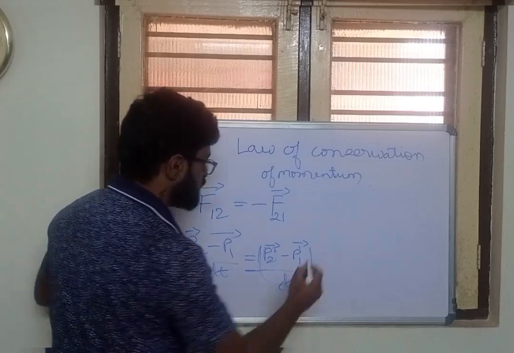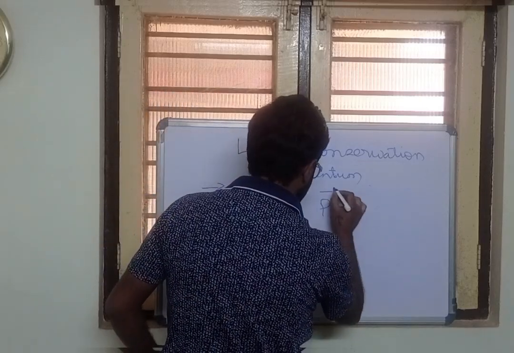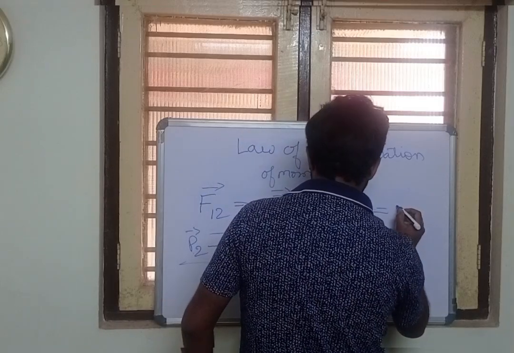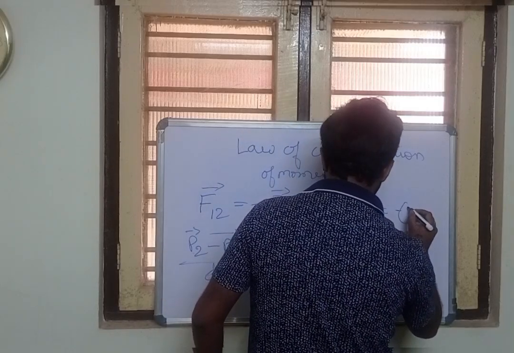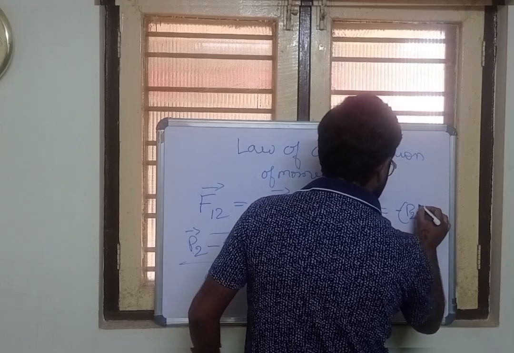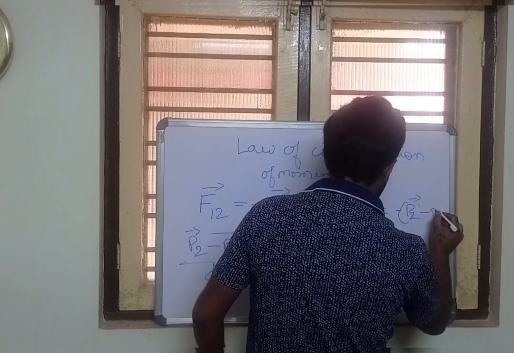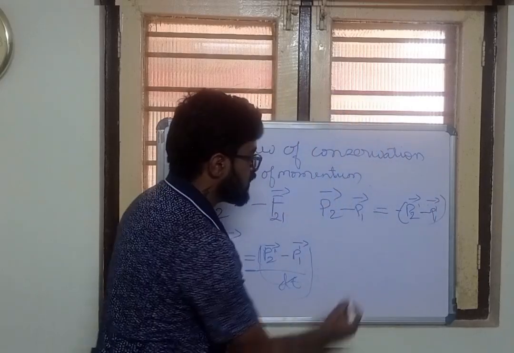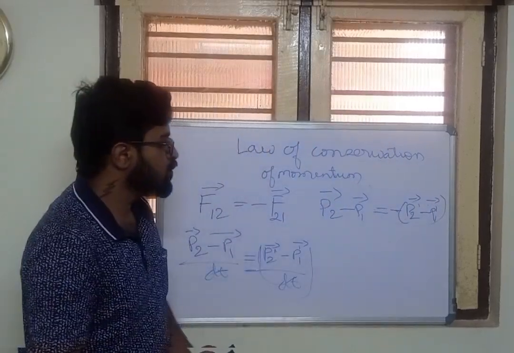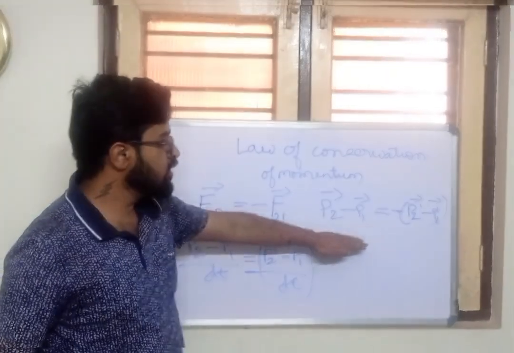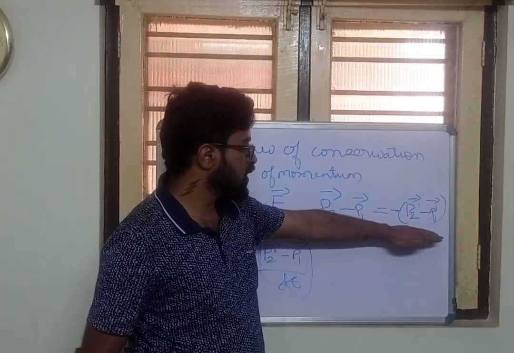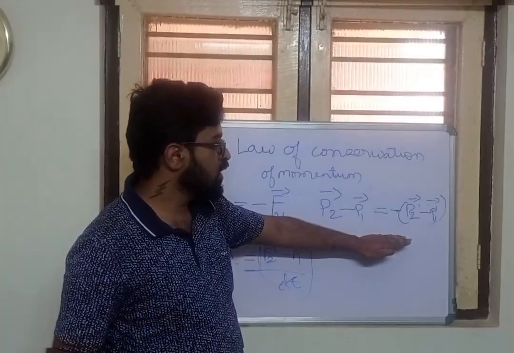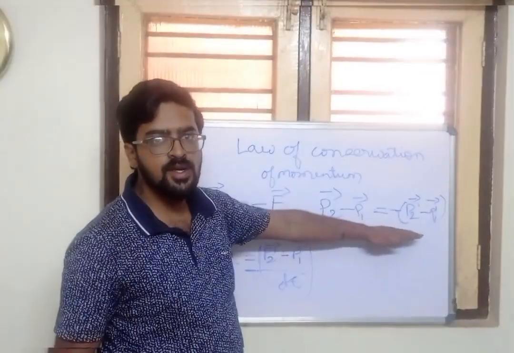P2 minus P1, negative sign, P2 dash minus P1 dash. So this is the equation we have. This shows that the change in momentum of one body and the change in momentum of the other body are opposite in direction. So by this we will see how the momentum is conserved.